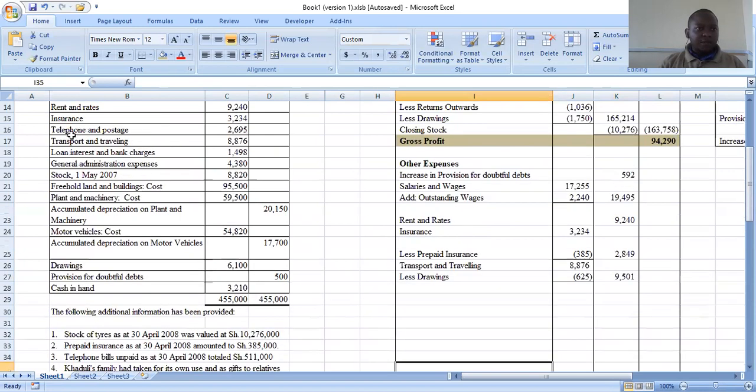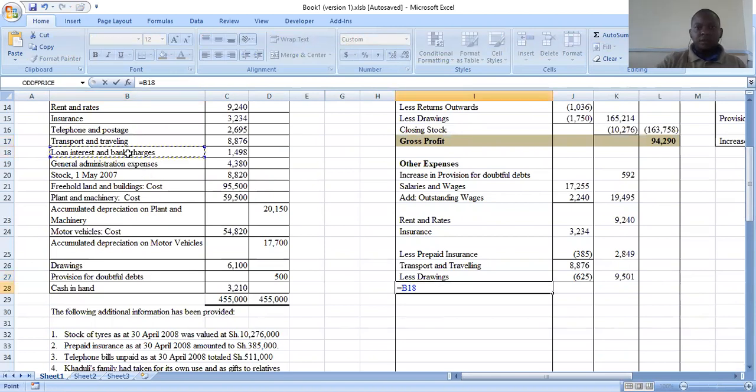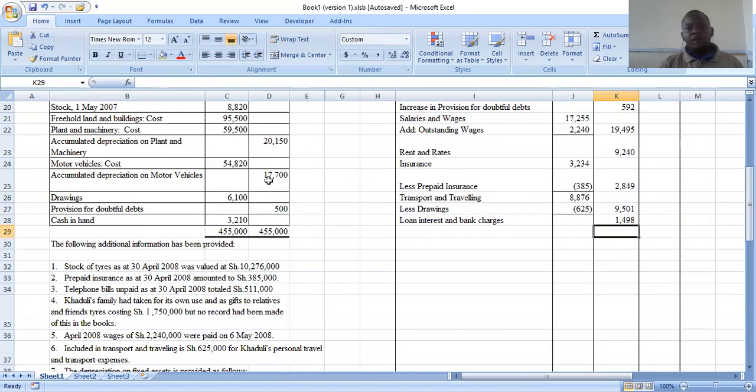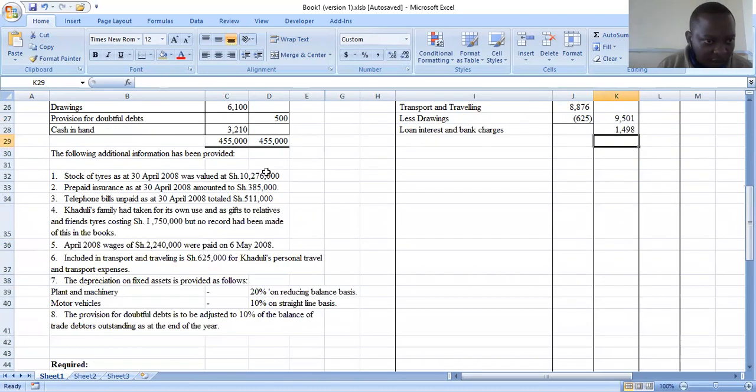Then we move on to the other expenses in the trial balance. We have loan interest and bank charges, the amount is 1498. Any additional information for loan interest and bank charges? Hakuna.